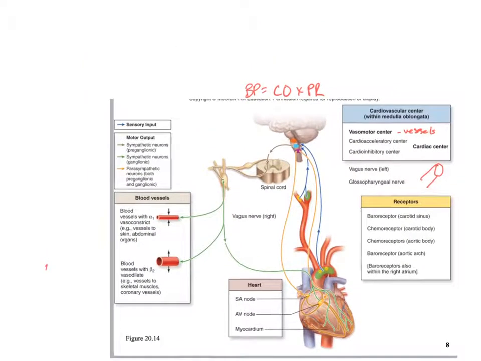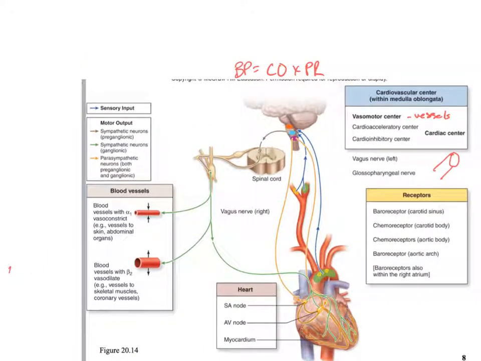Oh, let's move that down. So the vasomotor center is going to work on this. It's going to alter the peripheral resistance by influencing vasoconstriction or vasodilation. Okay? And it works through epinephrine, norepinephrine, sympathetic pathways, right?